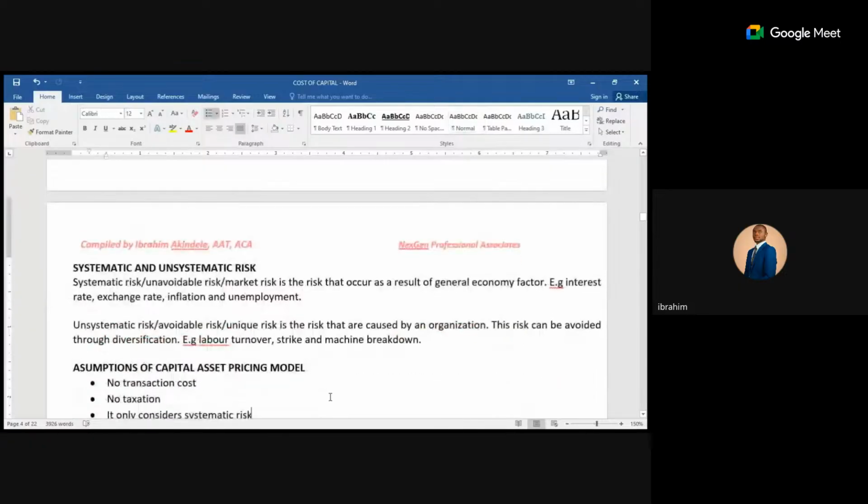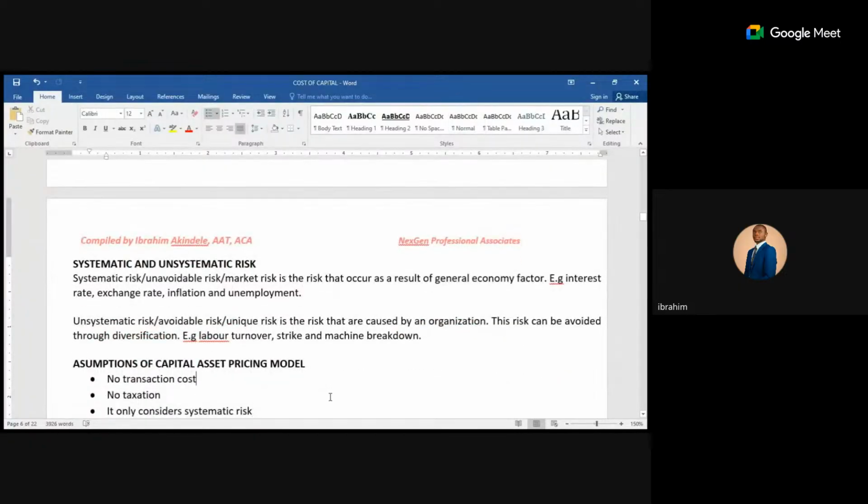So I actually explained systematic and non-systematic risk here. I guess I'm not supposed to bring it here, but that's fine. So you just have the knowledge. I think it is in the other part of cost of capital, but that's fine. Now, don't forget, systematic risk is unavoidable risk. Market risk. So if the question says explain systematic risk, you should not be thinking that we did not teach systematic and unsystematic risk.